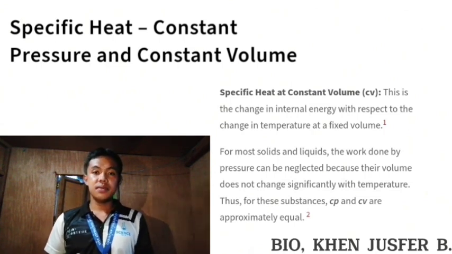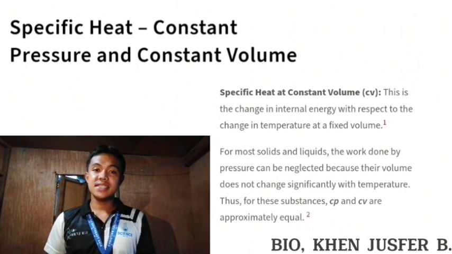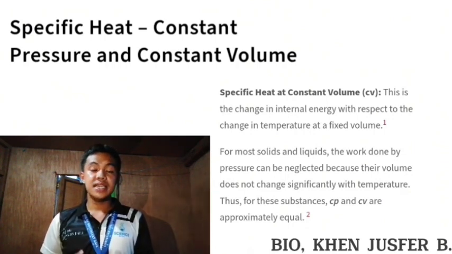Under constant volume, no boundary work is done because the system does not expand or contract. All the added heat goes into increasing the internal energy of the substance. This is especially relevant in closed systems or control masses where expansion is restricted.